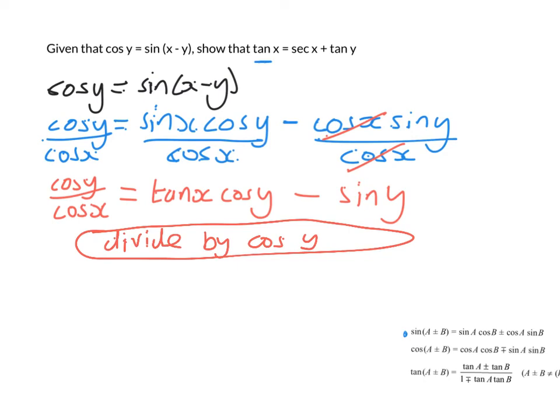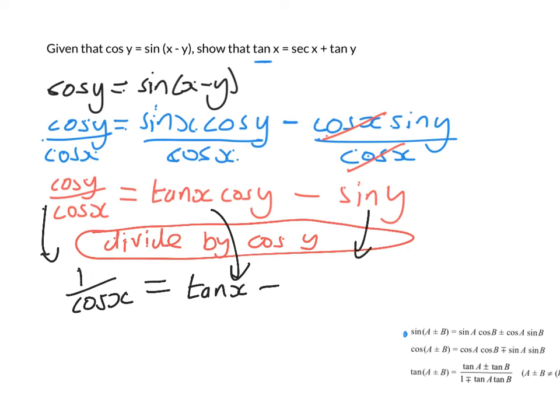If I divide this bit by cos y, you're left with 1 over cos x. I divide this one by cos y, which gets rid of the cos y, and I'm just left with tan x, which is what I really want. Divide sine y by cos y, and you get tan y.